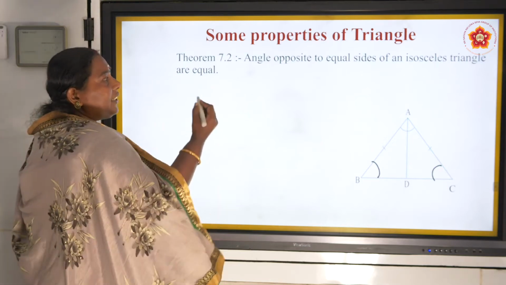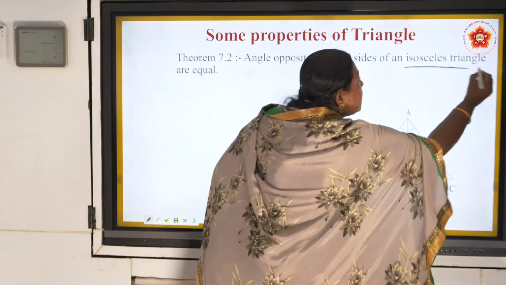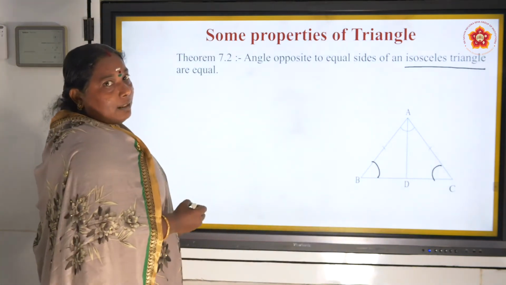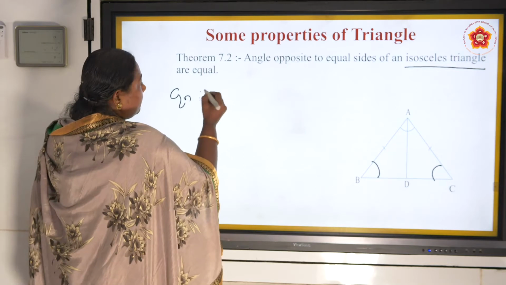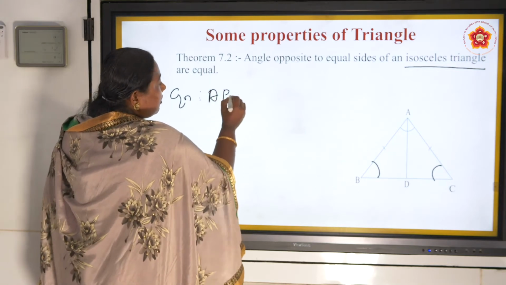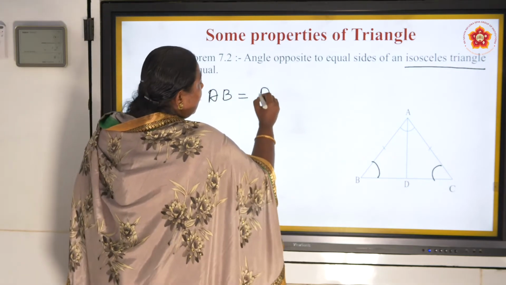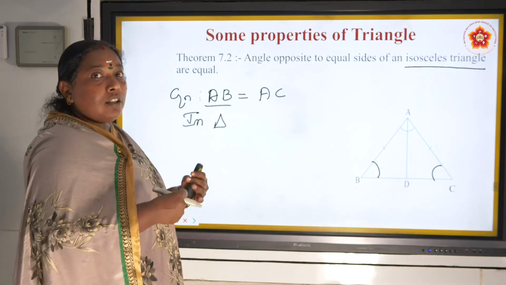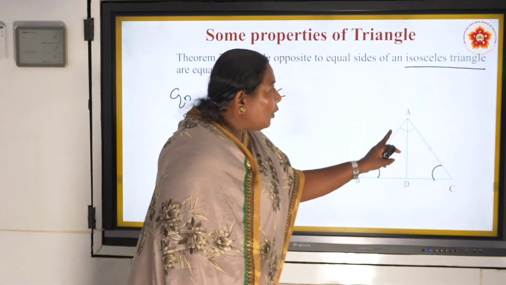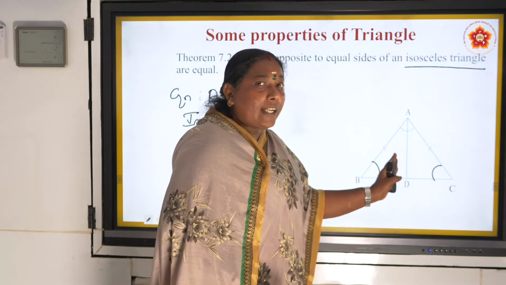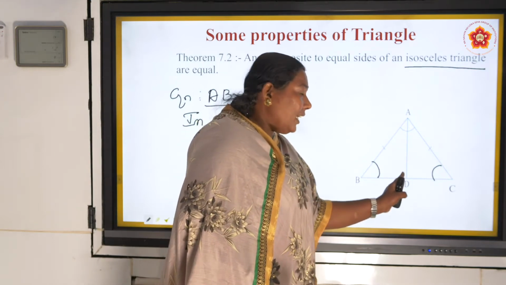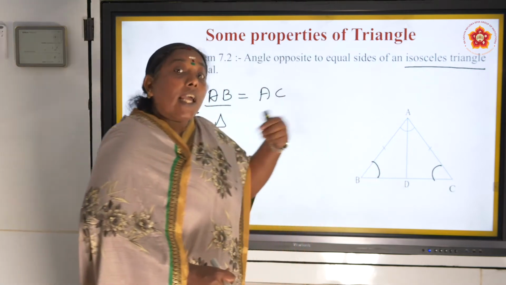Okay, so they have already used the word isosceles triangle. That means what they have given is AB is equal to AC. For my use, I'm going to drop a line. That means I'm going to break the angle A in such a way that it will help me.